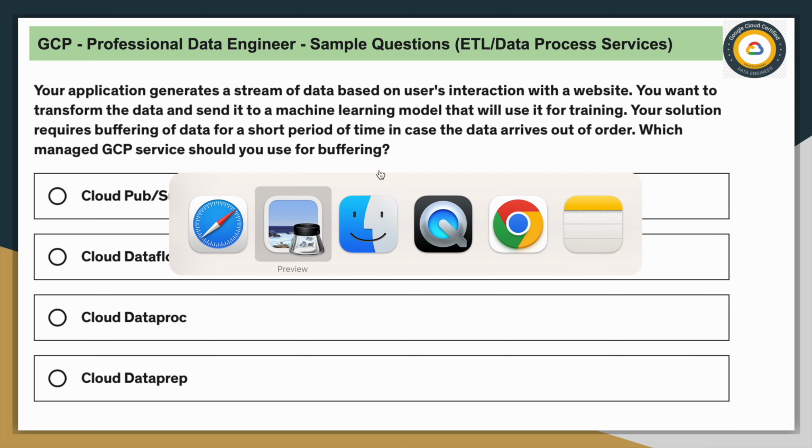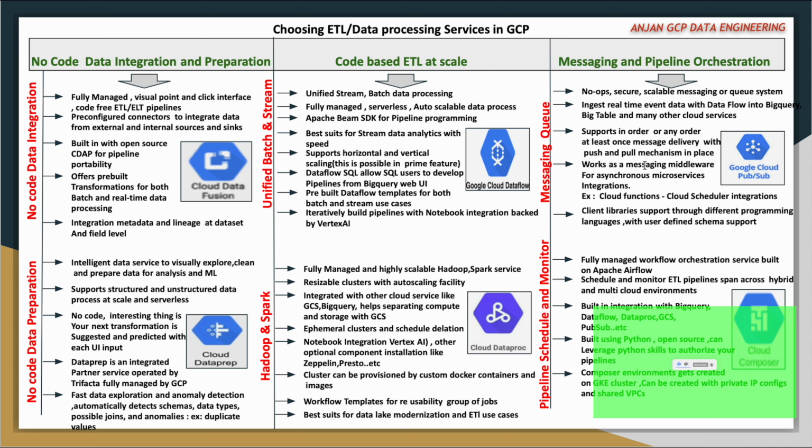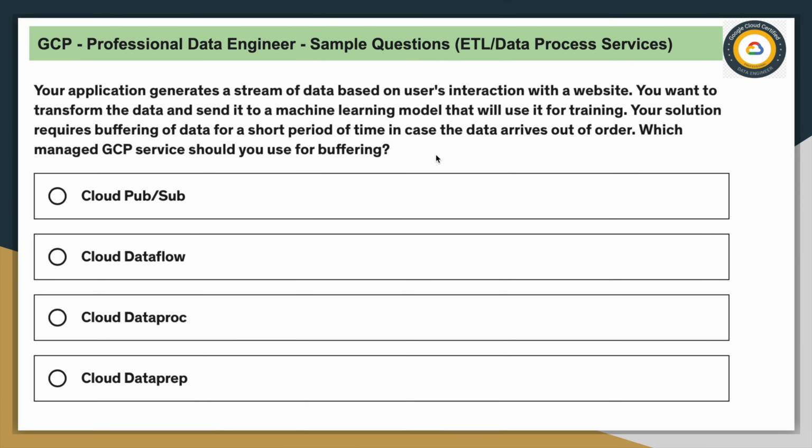If you look at the Pub/Sub service, it has all these features, right? Buffering data, it's a messaging service. It can support both ordered and out-of-order messages. So definitely Cloud Pub/Sub is the correct answer. Dataflow is an ETL service to process your stream and batch data.